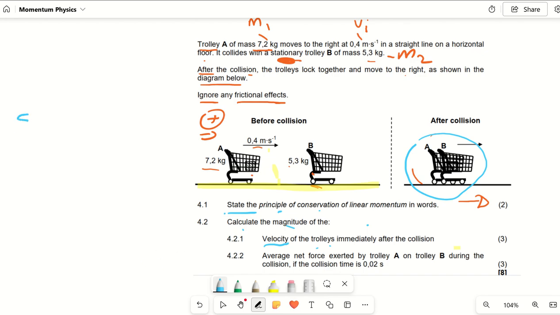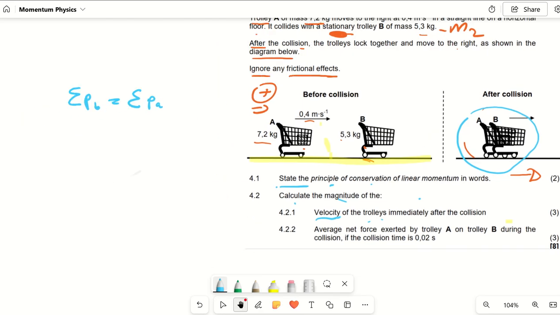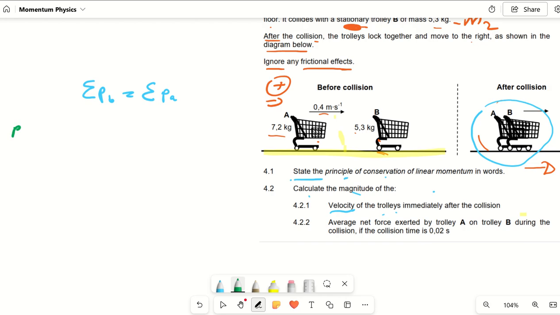You know that total momentum before collision equals total momentum after collision. What do we mean by that? We mean that the momentum of trolley A plus the momentum of trolley B before collision equals the total momentum of trolley A after collision plus trolley B after collision.